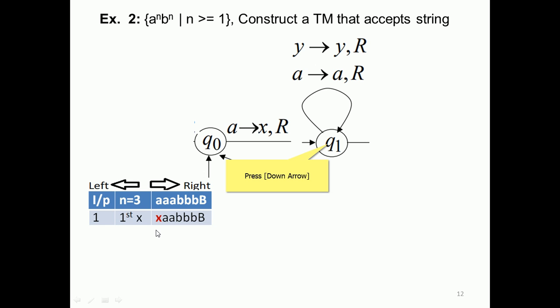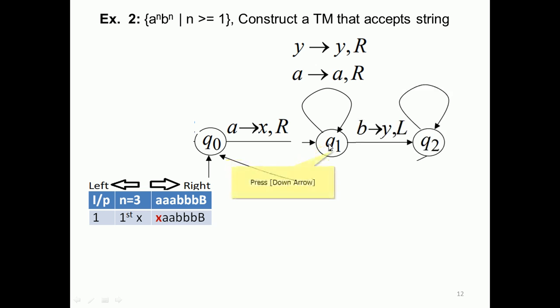These are the two possibilities in this Q1 state. I hope it is crystal clear from this discussion. So moving from Q0 to Q1, when the first A is read and the next A we are reading, remain in the same state. Similarly, when Y is read, remain in the same state.